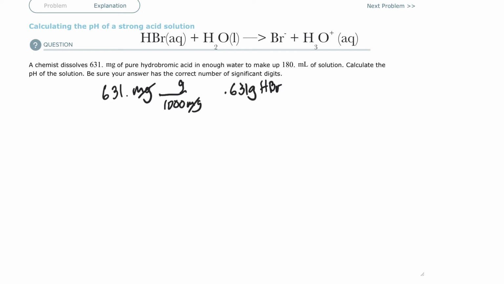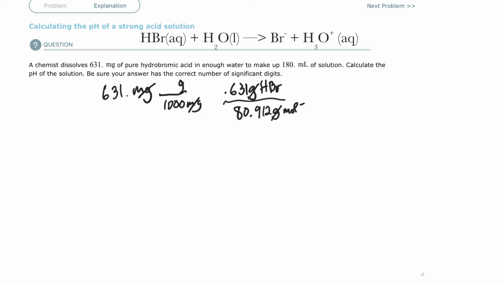And I have to divide by its molar mass. So I go to the periodic table, find hydrogen and bromine, add them together. And this is 80.912 grams per mole. Grams will cancel. I'm now in moles.